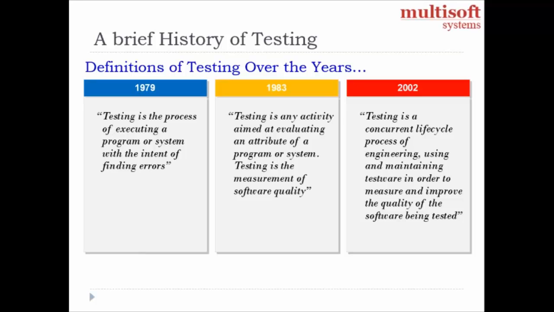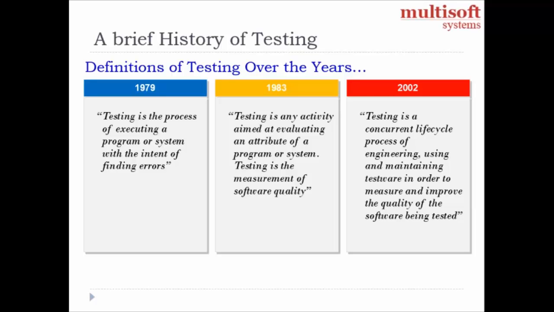Earlier to that, we just had a debugging kind of thing, but at this time we identified testing as a process, and we need to run many interrelated activities to test the application, again with the intention of finding some errors, some problems in it.